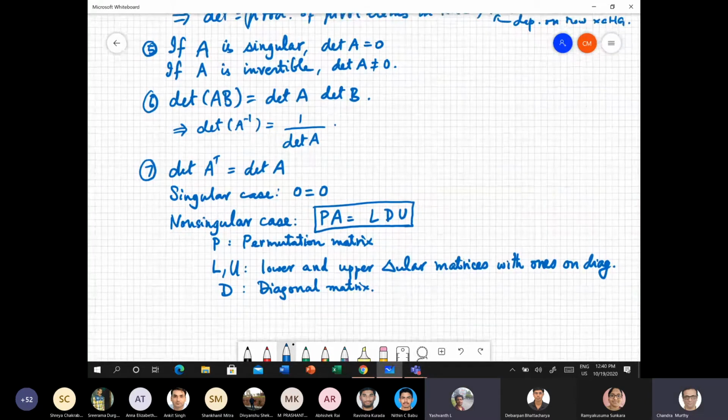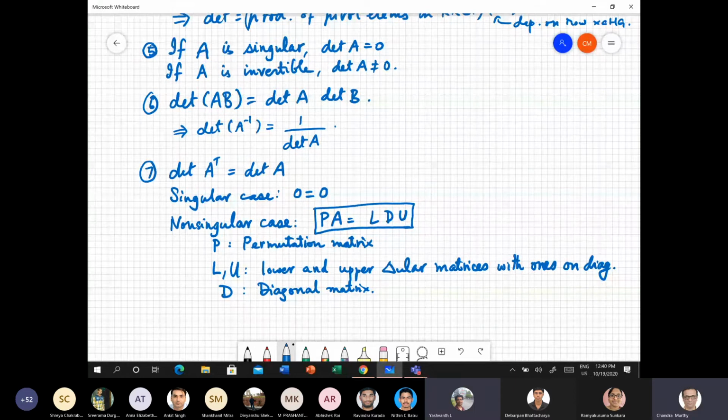But one thing is that you can develop a numerical recipe for computing this decomposition, where there is no ambiguity in the numerical recipe. In other words, when you use that numerical recipe, that will always give you the same P, L, D, and U.